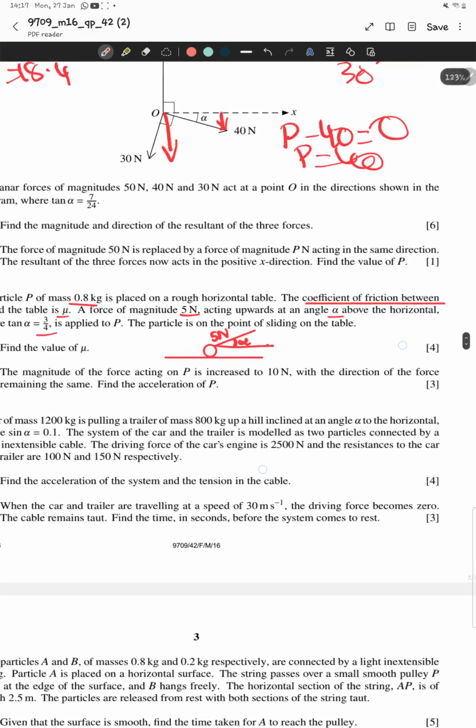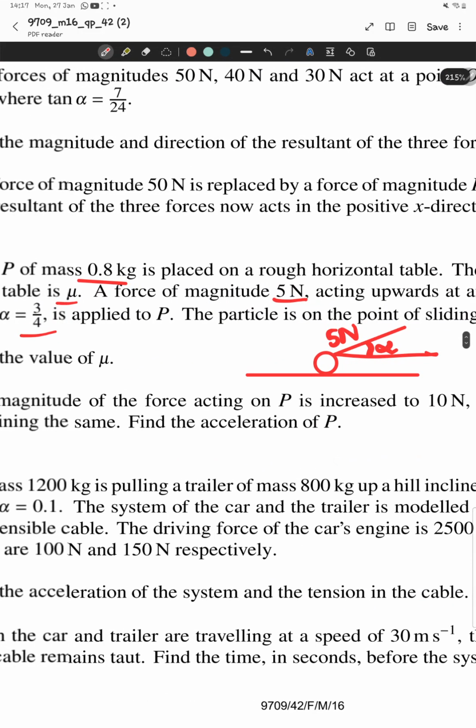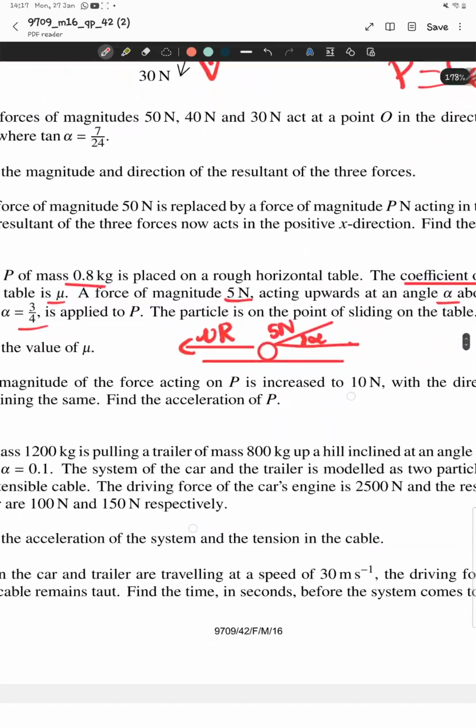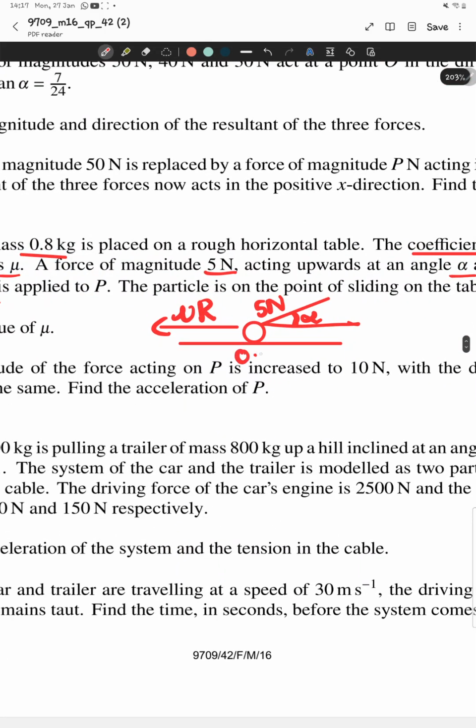And then there's also a force to the left, which is going to be friction, which is mu R, that we have to find. And the particle is 0.8 kg.